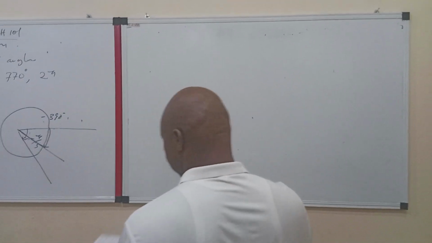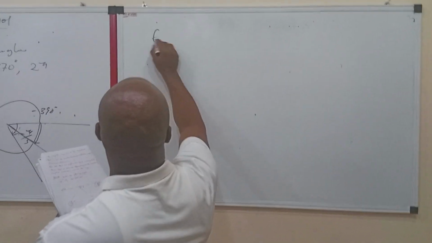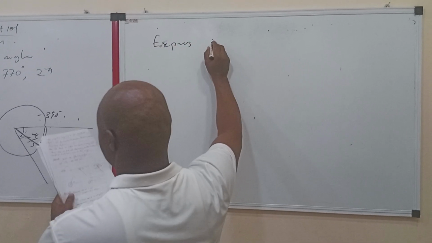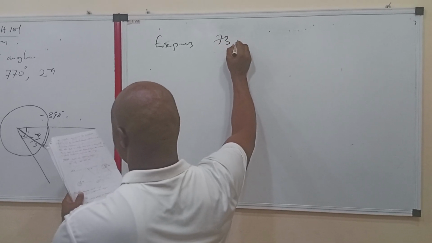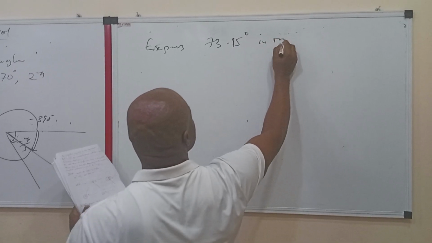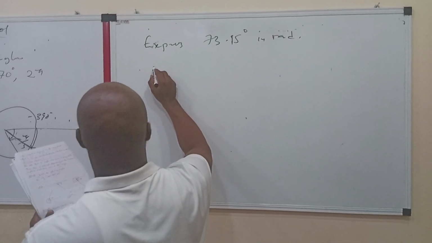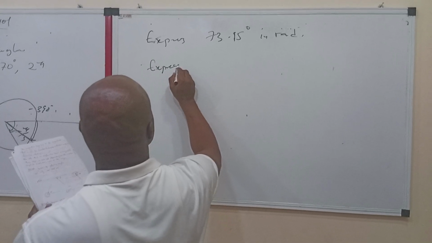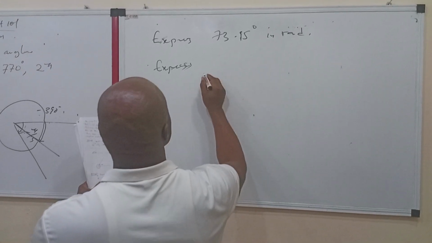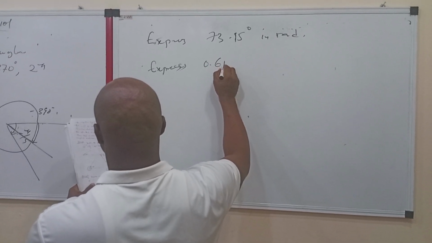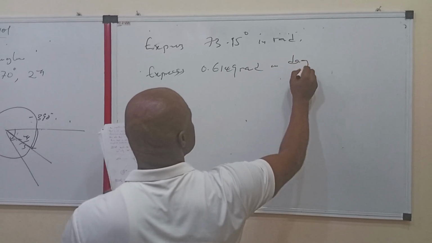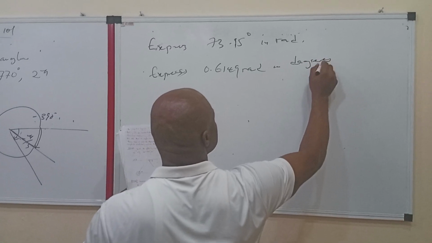Express 73.15 degrees in radians. Then express 0.6149 rad in degrees.